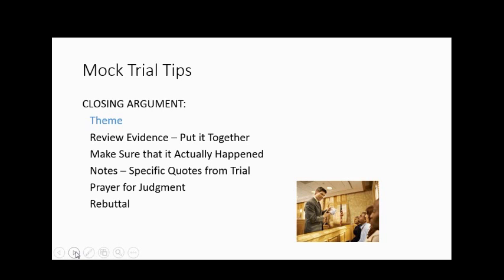You can plan for it to come in one way, but it might come in a different way. If the closer delivers their closing consistent with the way the evidence actually came in, they're going to score much higher. It's right in the scoring guidelines for closing argument.